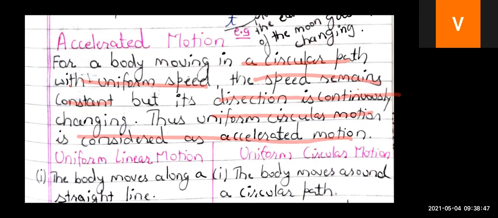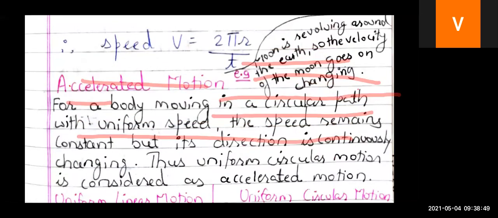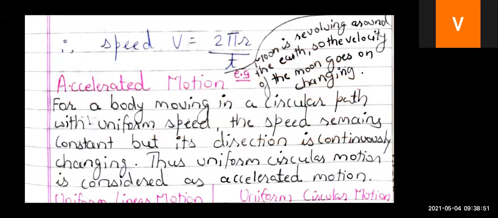Let's consider an example of the moon given over here. The moon is revolving around the earth. So its speed is constant, yes, but as it is moving in a circular path around the earth, at each and every point its direction is changing. As direction is changing, there is change in velocity.